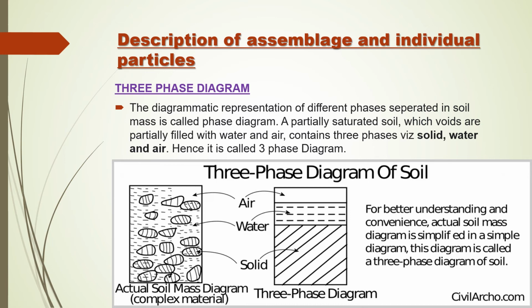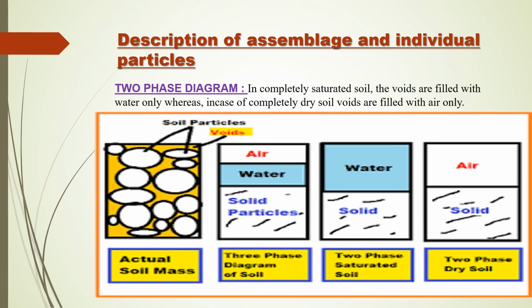Here is where the air comes, this is the water area, and this is solid. If the soil is in a fully saturated condition, the three-phase diagram will become a two-phase diagram like this, with only solid and water present. That is when the soil is fully saturated.